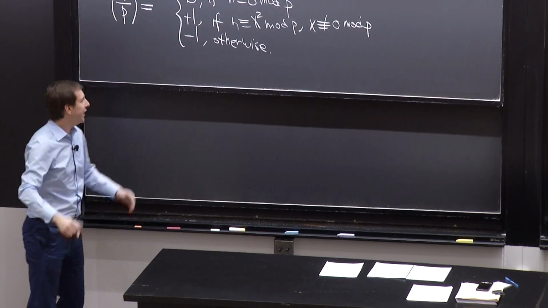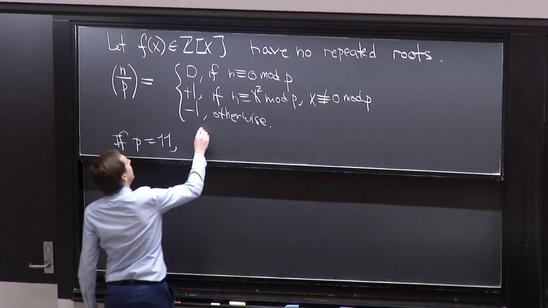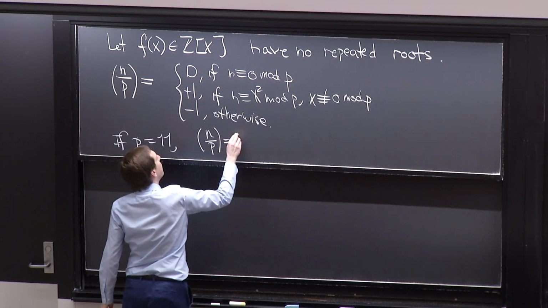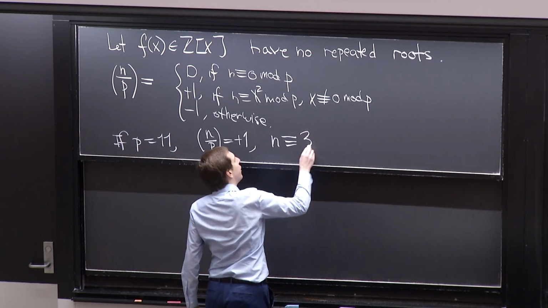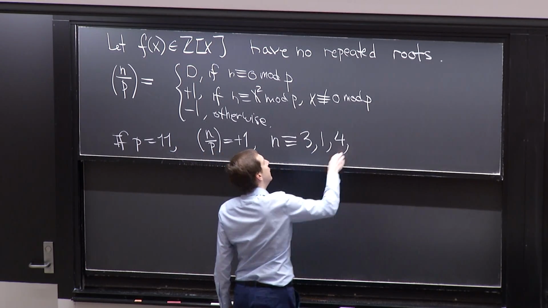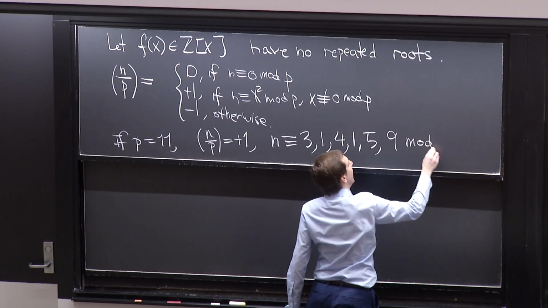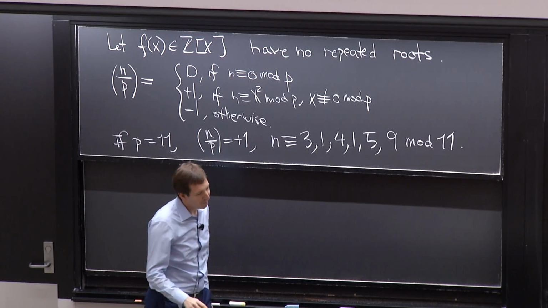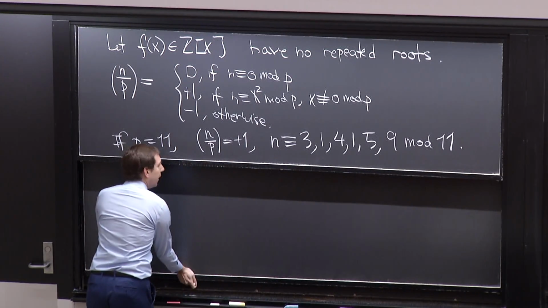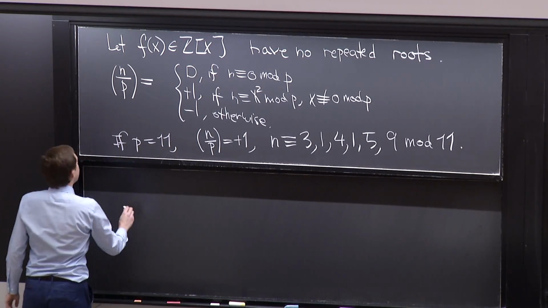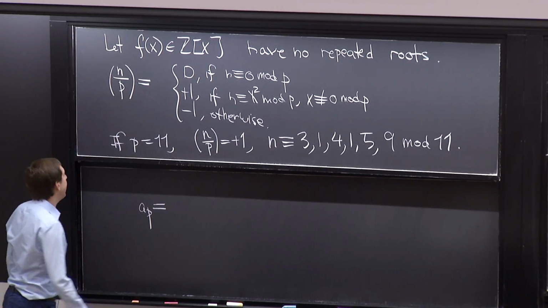Just to give a very concrete example, if p is equal to 11, then the squares are given by n that are congruent to 3, 1, 4, 5, or 9 mod 11. Okay. So associated to this polynomial f of x, let me consider the following sum, where p is going to vary.